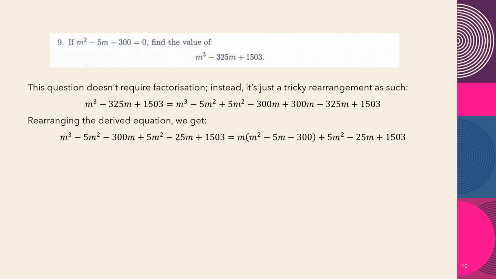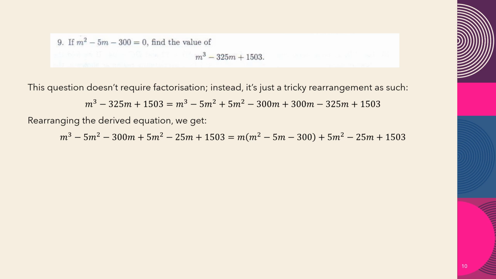Then we can factorize out the m from the former part, m cubed minus 5m squared minus 300m, and then add 5m squared minus 25m plus 1503.